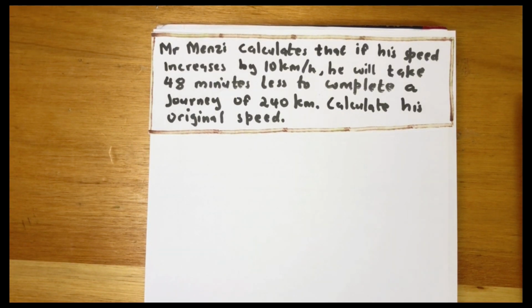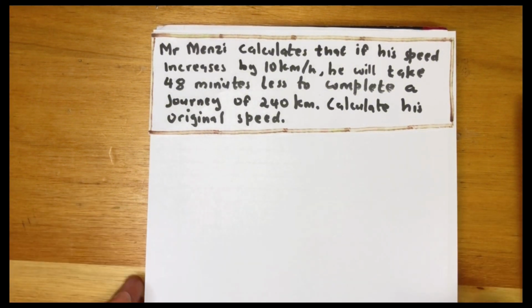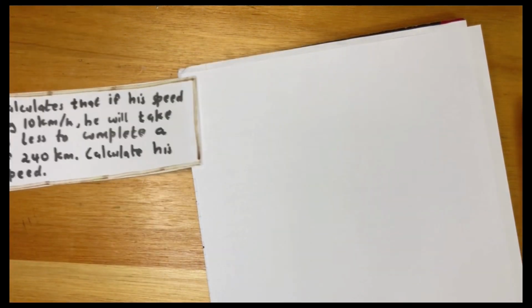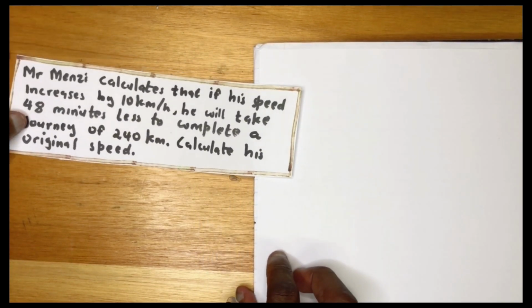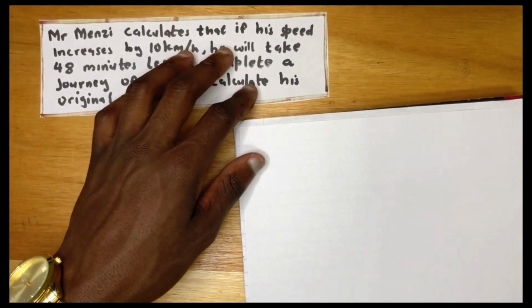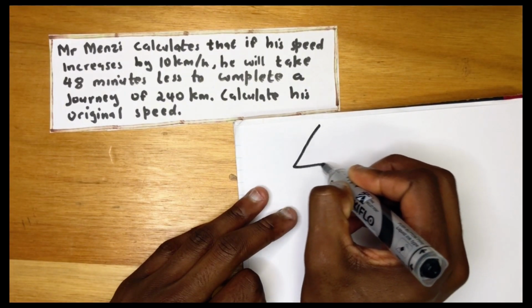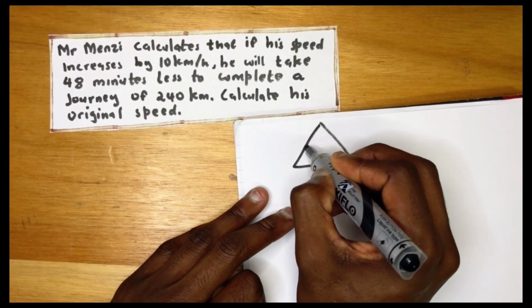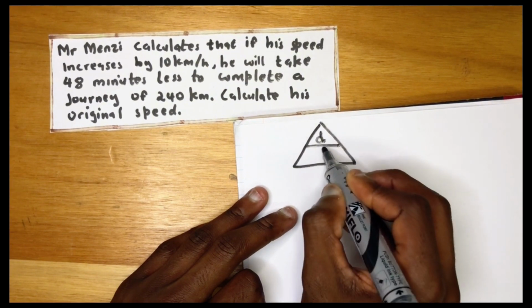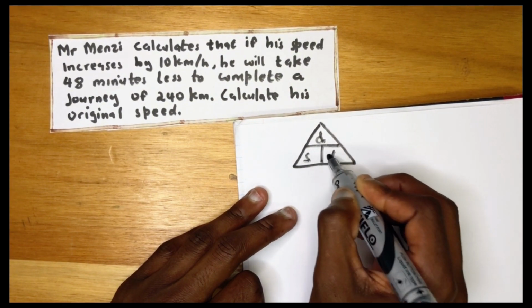So guys, we don't know his original speed, so we have to assign first. But still here, we are going to apply the same technique that we use when calculating for Ntombi. So remember, we know that, guys, from grade 10, that we have distance, and then we have speed, we have time.